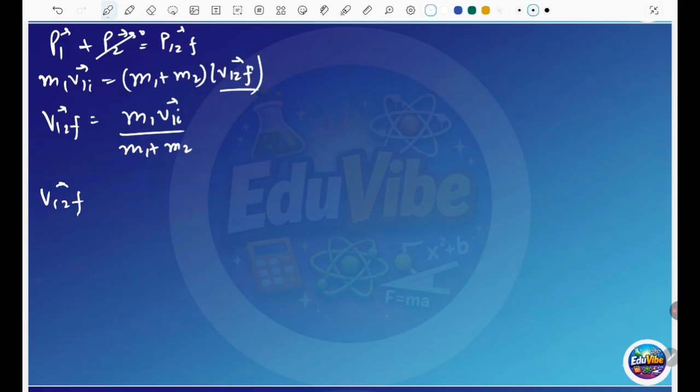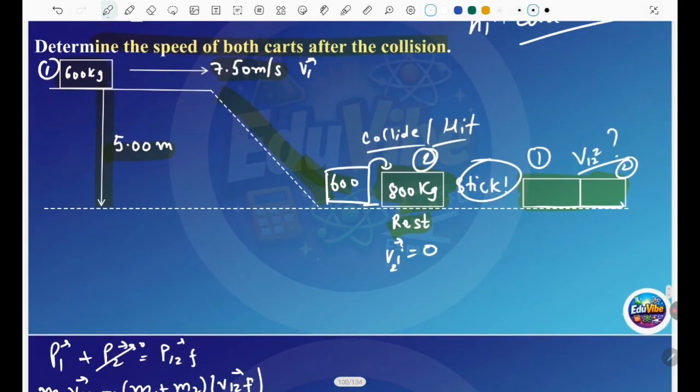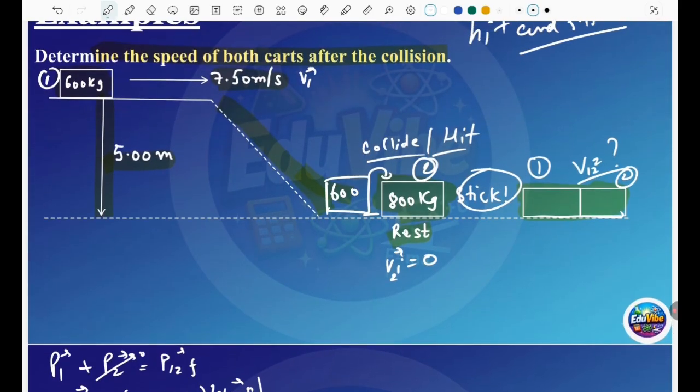M1 is 600 kg, but we don't have V1i. The 7.50 meters per second is not our V1i. Why is it not V1i?